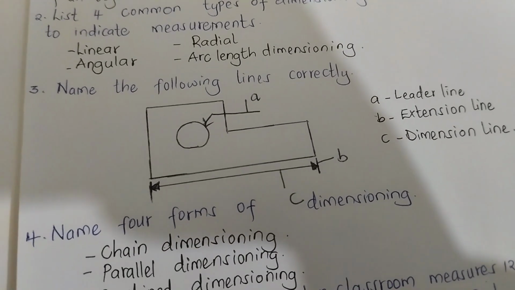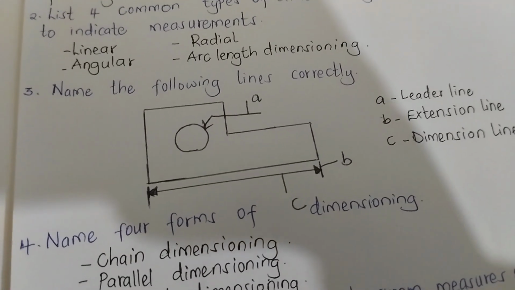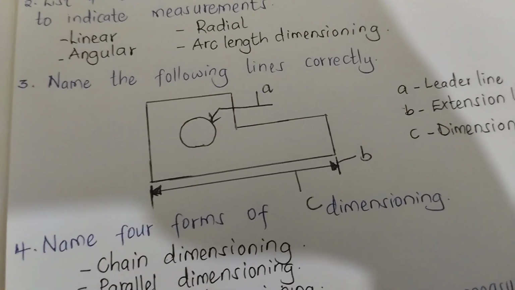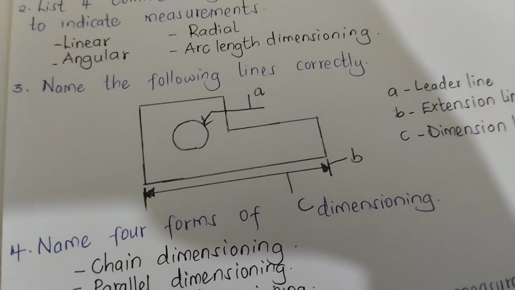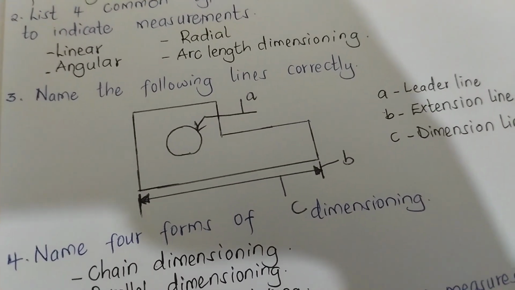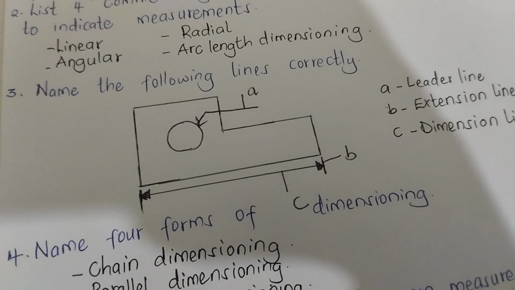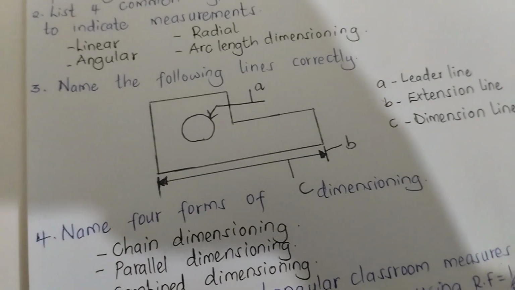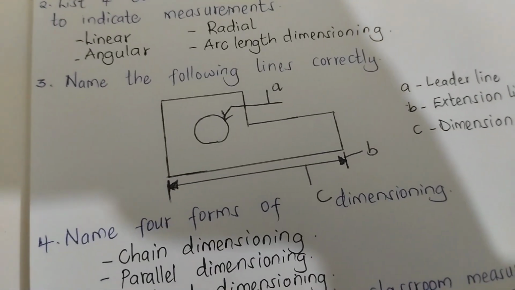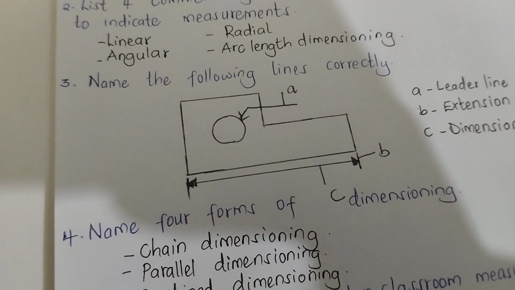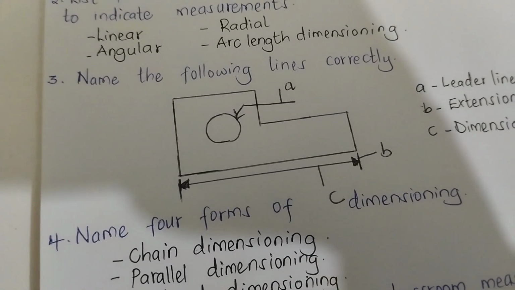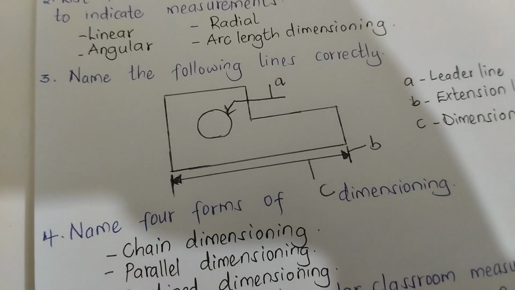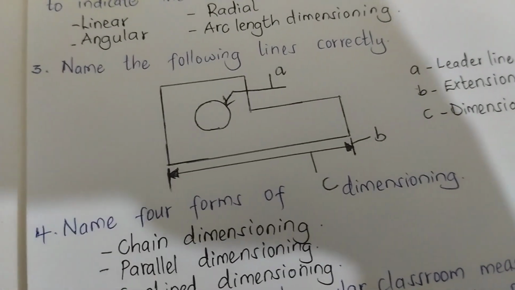So a leader line is a thin line that points out specific features on the drawing. It ends with an arrowhead that points directly to the feature being described. I hope you can see the arrowhead and you can see the leader line. Then we have the extension line, which is a line that extends outward from the edge of an object to the dimension line.